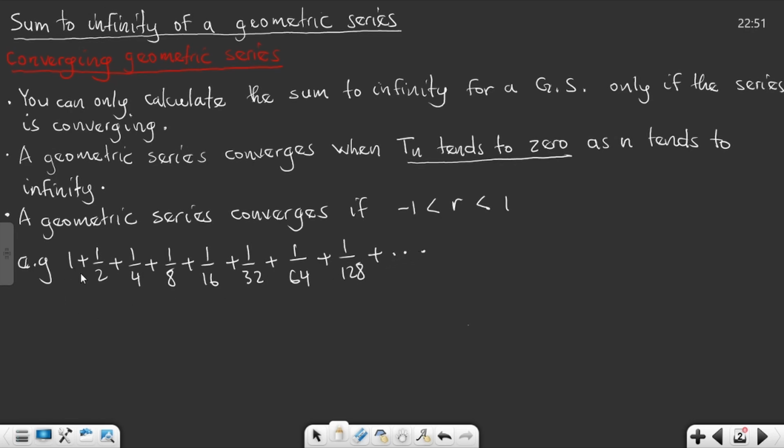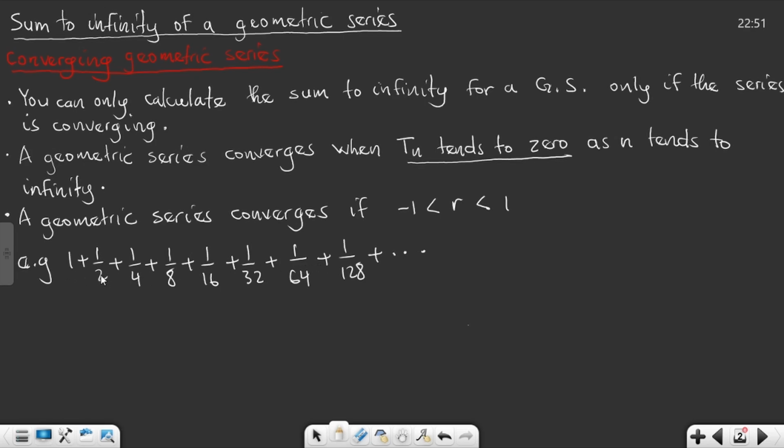You can see in this geometric series, when we start from 1, the value of the terms are getting smaller and smaller.